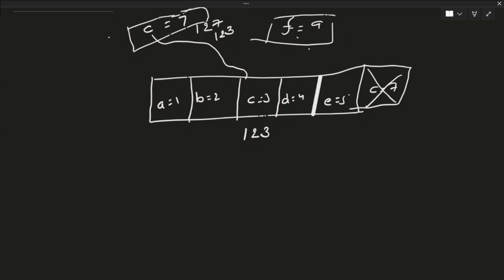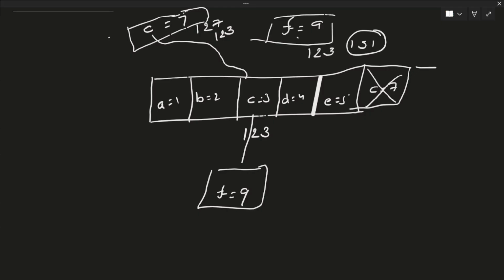Suppose it has the same hash code, no problem. Suppose it has a different hash code, what will happen? It will be added here. So no problem. Whether both hash codes are the same or different, in the case of objects being different, we don't have any issues.